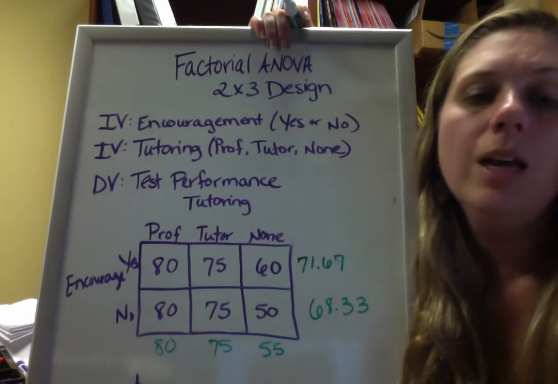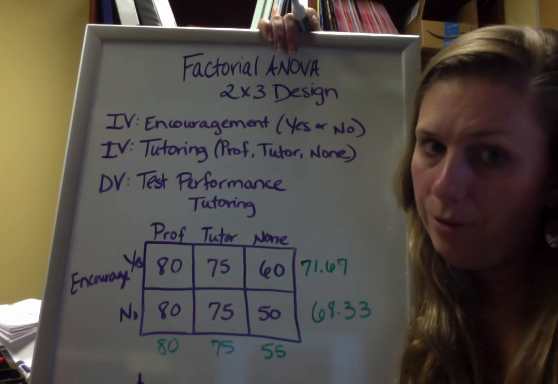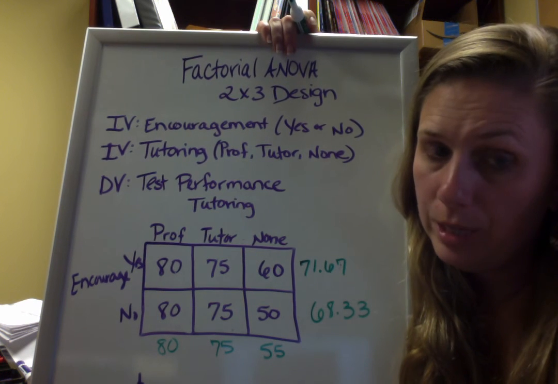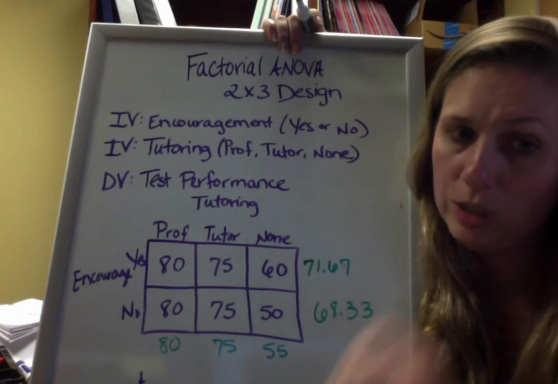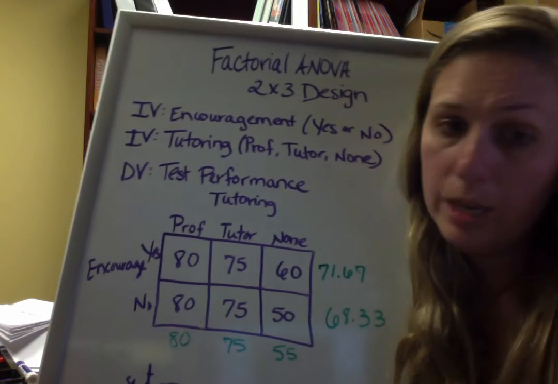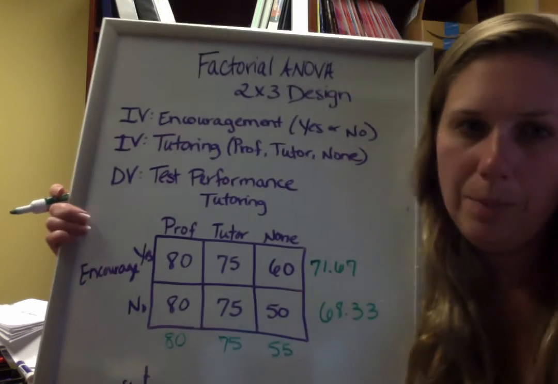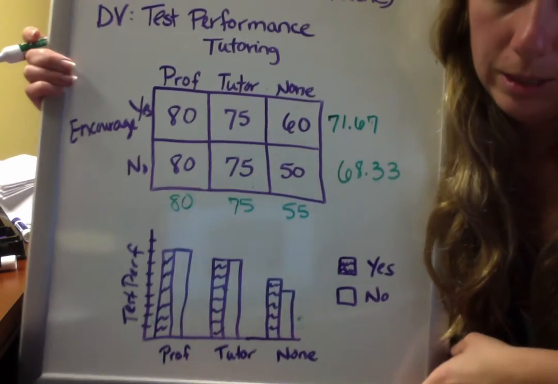All right, next and last thing has to do with our bar graph. Okay, so the bar graph is not too challenging as long as you've practiced enough and know a little bit about what you're doing. So I might tilt this down a little bit so we can see it. Okay.